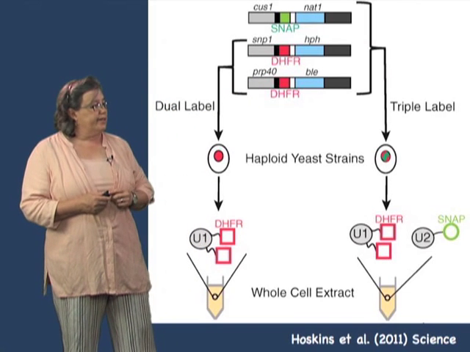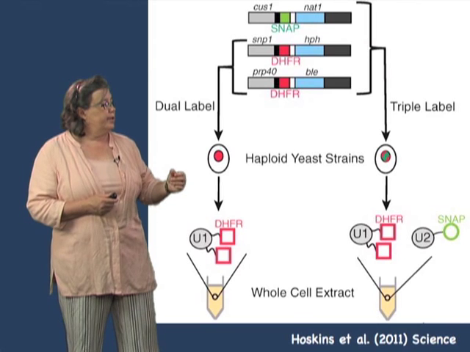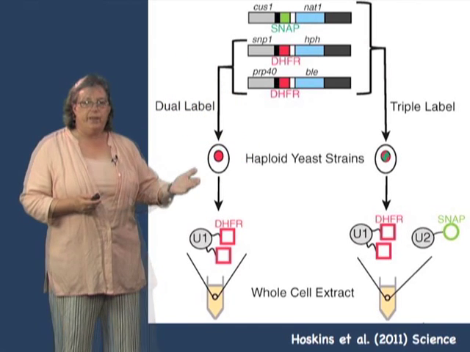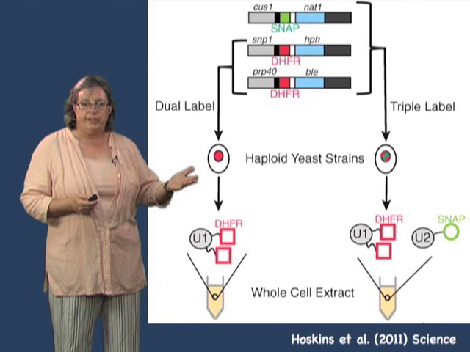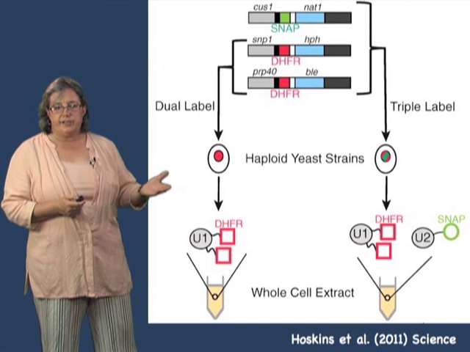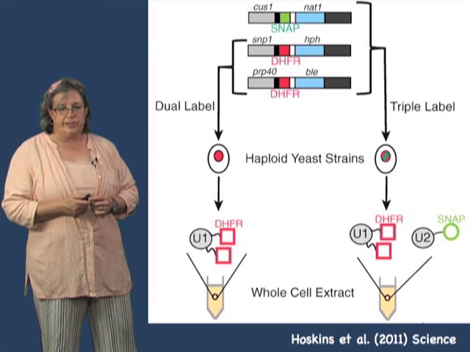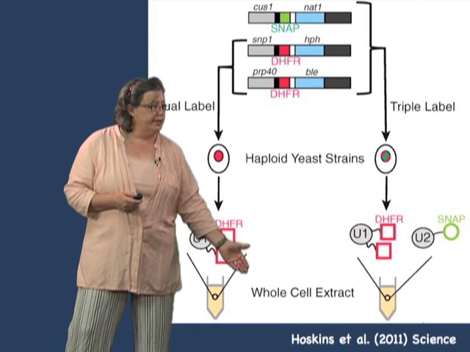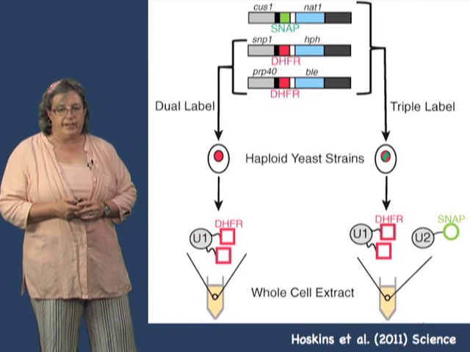And we use homologous recombination to put these modified genes into haploid yeast. And that means that the only gene that is encoding that protein in the yeast is our protein of interest, our tagged protein. So then from those yeast strains, we can make a whole cell extract.